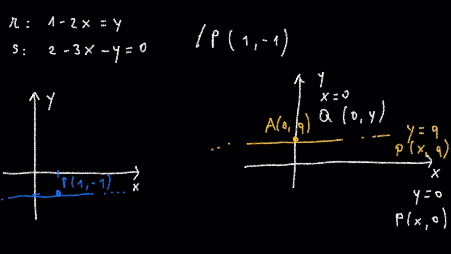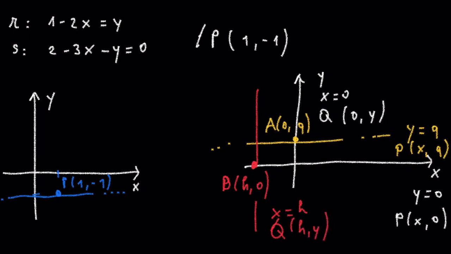Similarly, consider a point B, h, 0 on the x-axis. If we draw a line parallel to the y-axis and passing through B, this line will include all points where x equals h, which is satisfied by all points h, y.